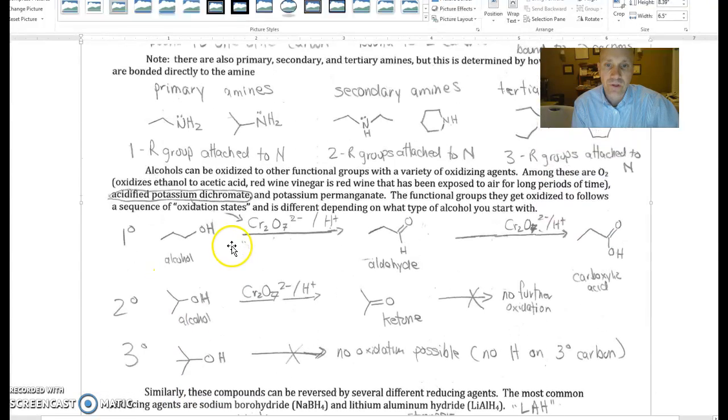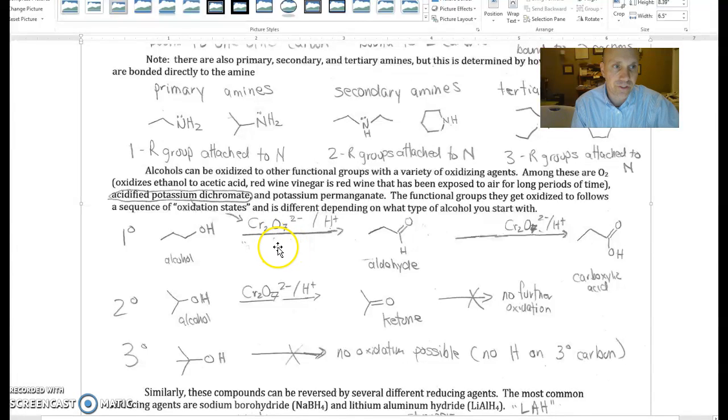Although there are several chemicals that can be used to oxidize, the one that the book tends to talk about a lot is acidified potassium dichromate. In reality, it's probably not as common as the IB curriculum would have you believe. There are a lot more common oxidation reagents out there.